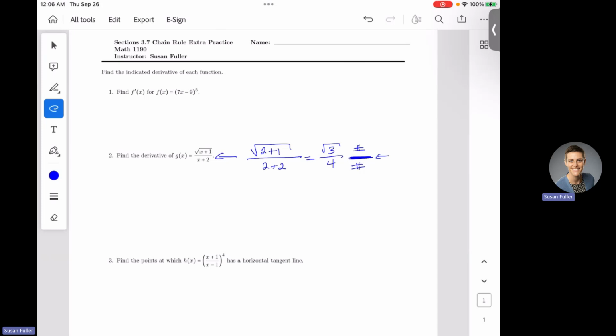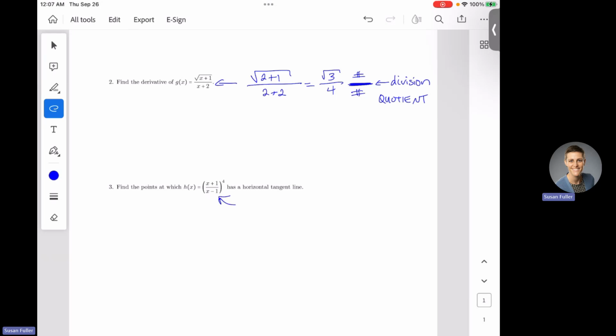That tells you the structure of your problem. Division is the overall structure here, which means to do the derivative of this, you're going to start with the quotient rule, because ultimately that's how we take the derivative of something with a variable divided by something with a variable. But division tells you start with the quotient rule.